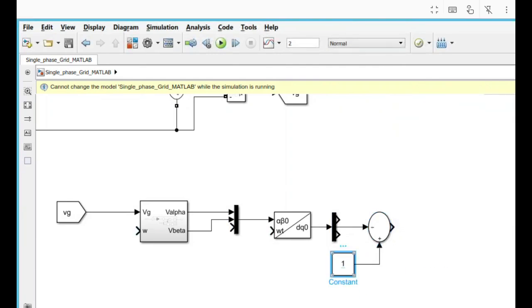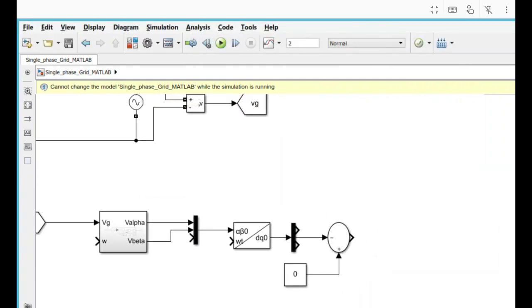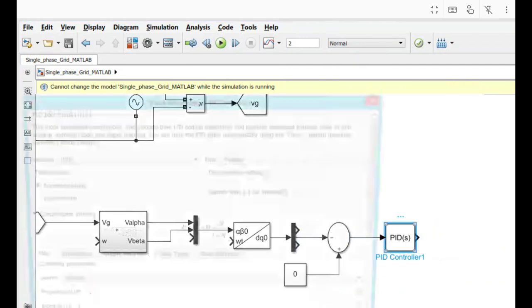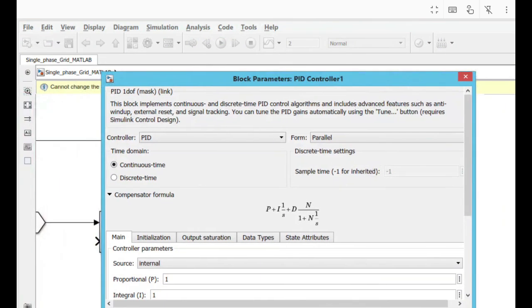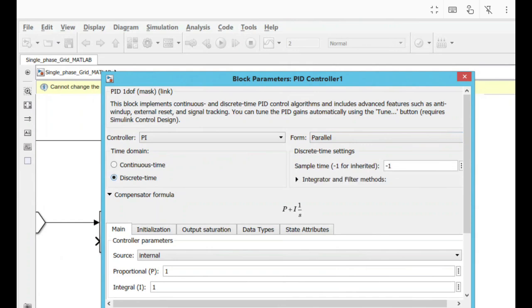This is dq, and we are changing the property of this one. This is a PI discrete time and parallel, and the sample time is 1e minus 5.